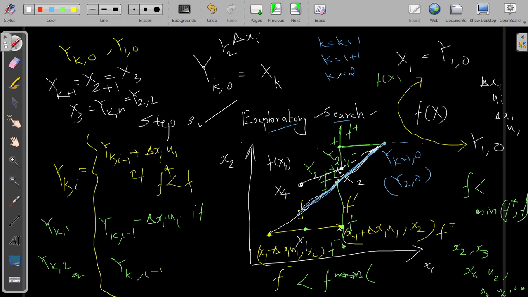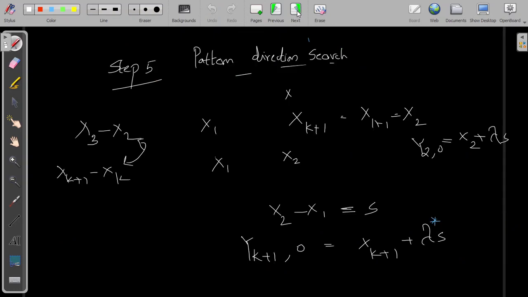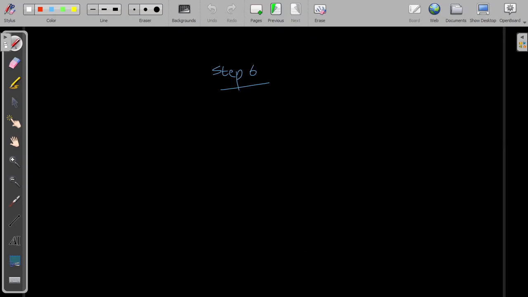This process is assumed to have converged whenever the step lengths fall below a small quantity epsilon. That is how we define the convergence. We will not do this process an infinite number of times.